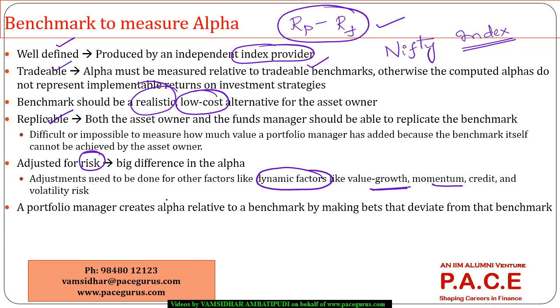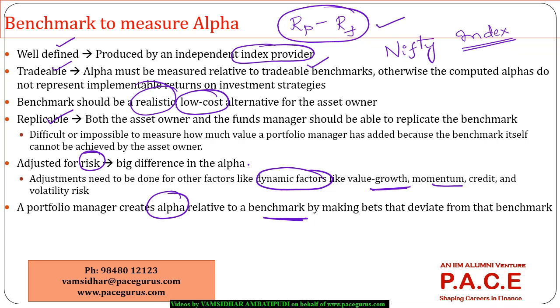So the objective of the portfolio manager is to create alpha in comparison with the benchmark. So he has to deviate from the benchmark, and that deviation should be adjusted for the risk, because depending on the kind of strategy the portfolio manager is following, the risk will be determined accordingly.